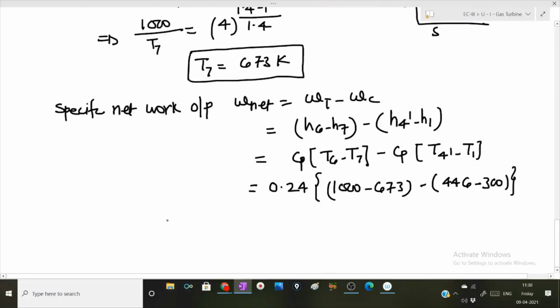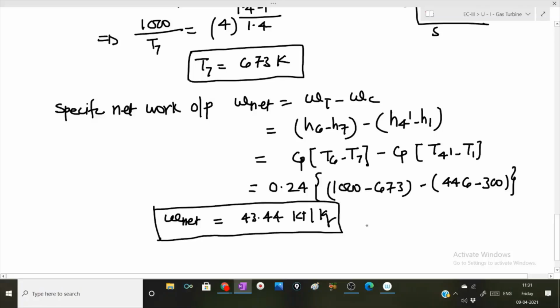So from here, the net specific work output comes out to 43.44 kilojoule per kg. This is the required answer for the basic cycle.